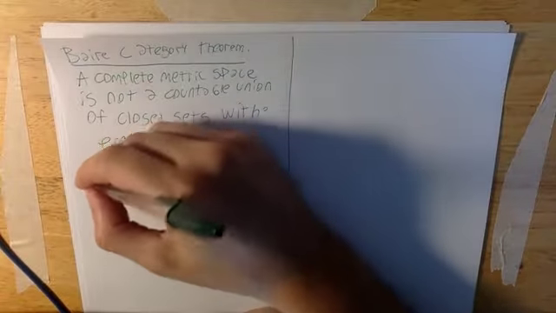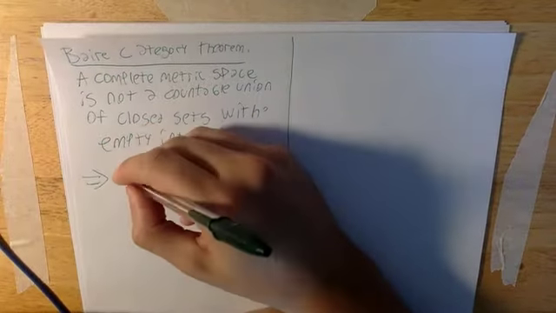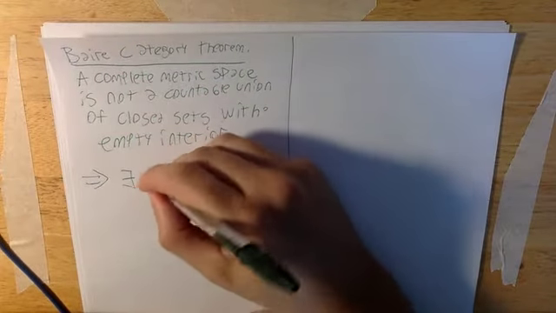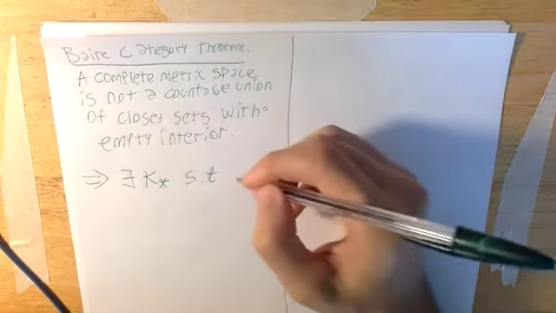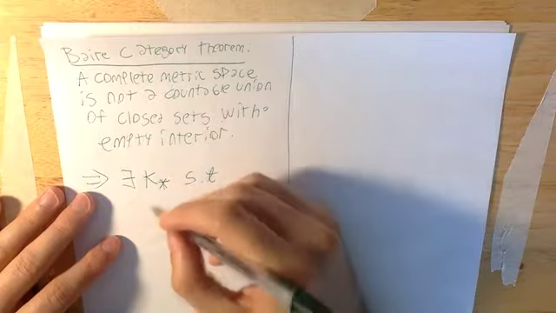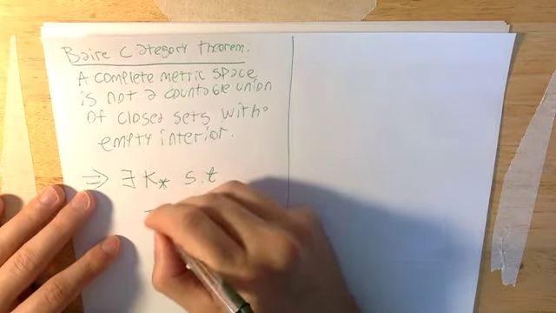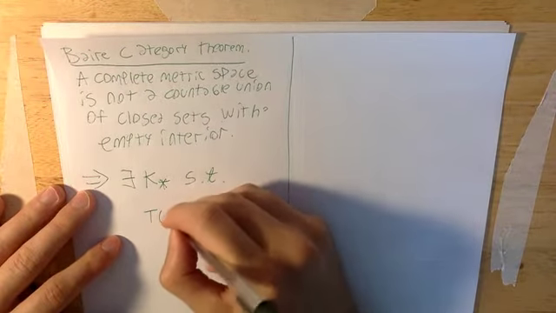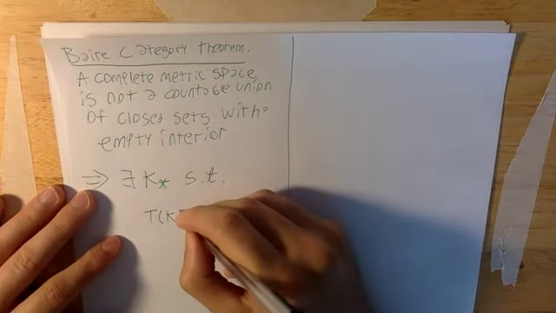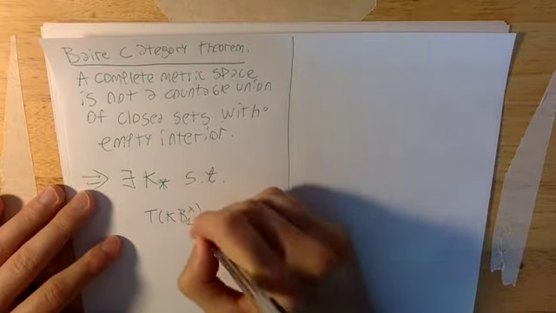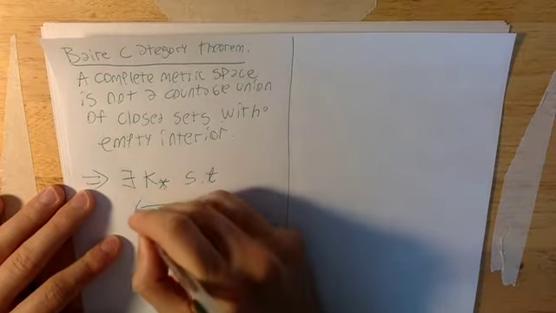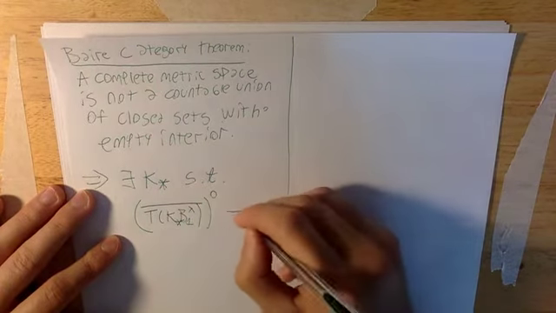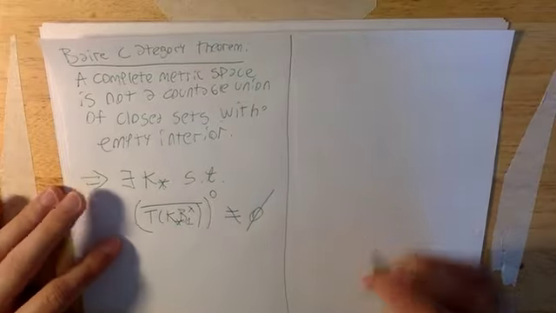Therefore there exists a k star such that the interior of the closure of T of k star B1(X) is different from the empty set.